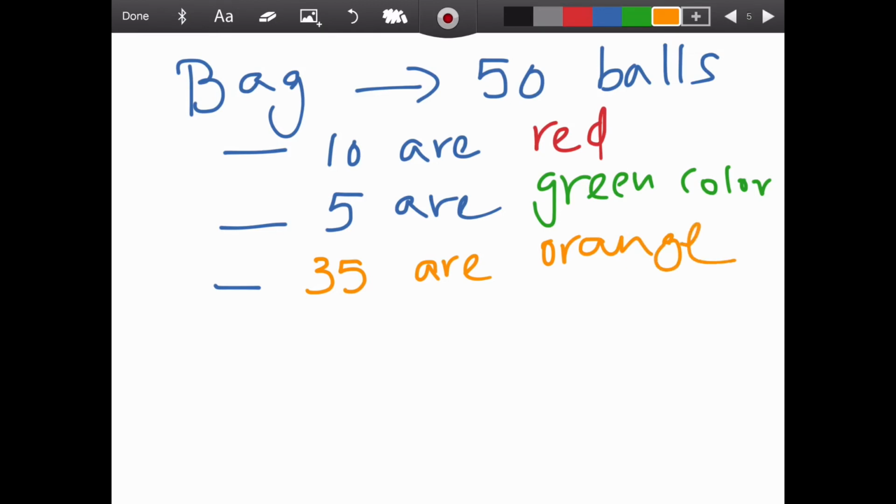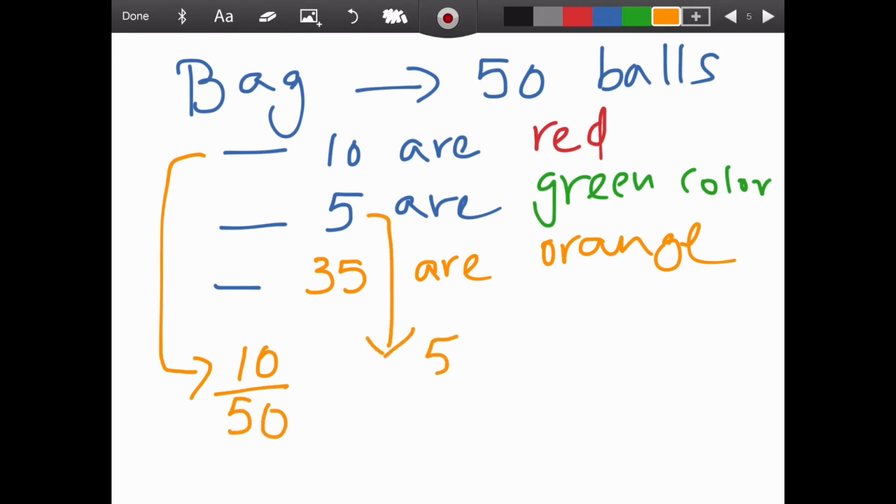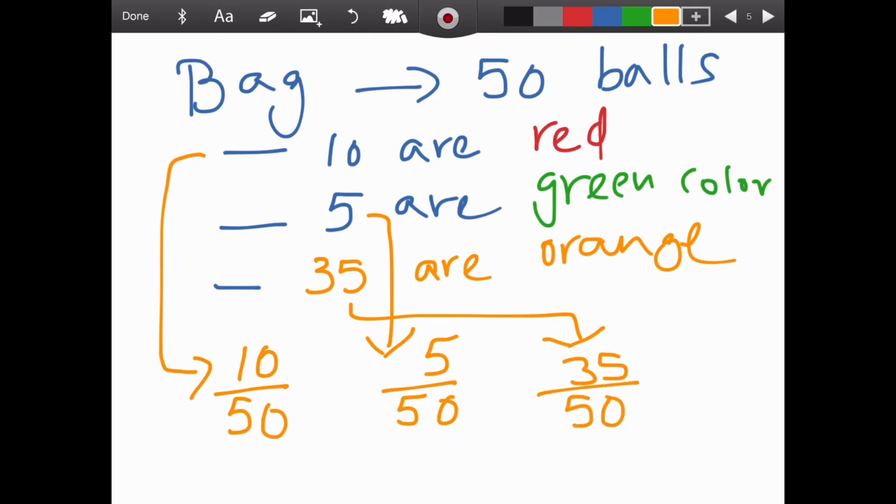How do I write each of it as a fraction? So 10 out of 50 balls are red, 5 out of 50 balls are green, 35 out of 50 balls are orange. So this is how I write this as a fraction.